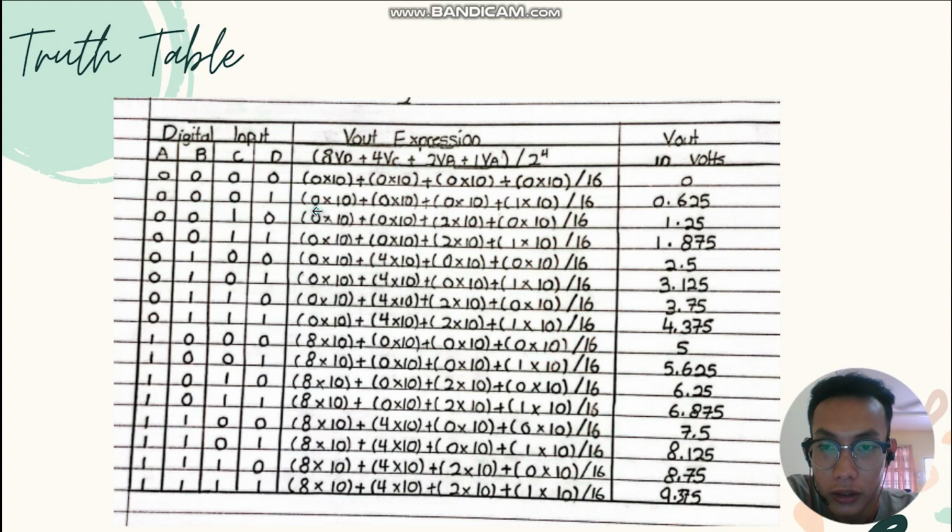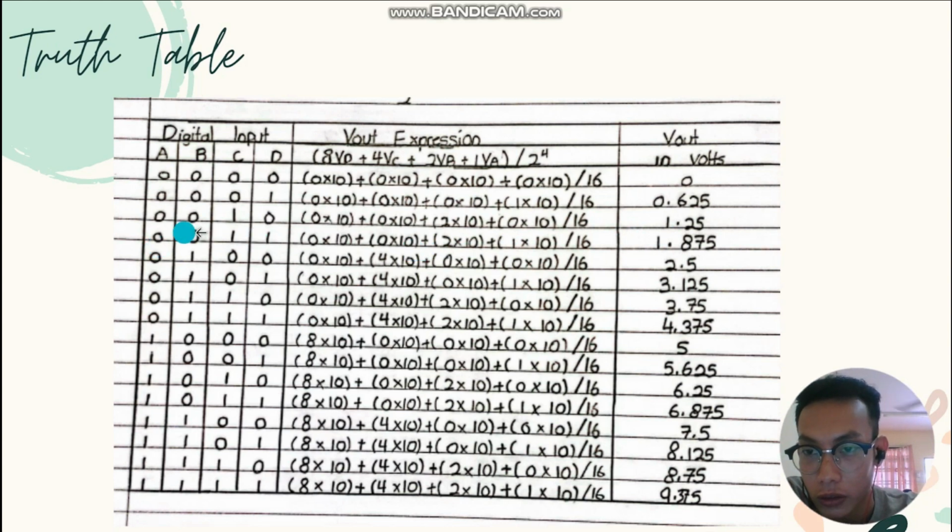So 0 times 10 plus 0 times 10 plus 0 times 10 plus 1 times 10 over 16, and we get 0.625 volt. After that, digital input is 0010 in binary, so 0 times 10, 0 times 10, 2 times 10, 0 times 10 over 16, so we get 1.25 volt.